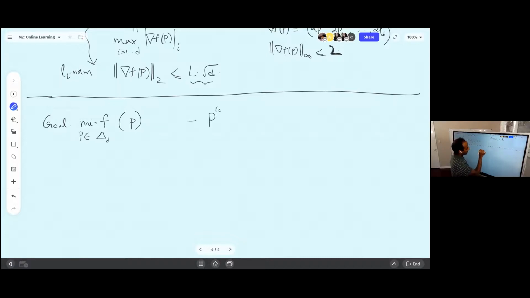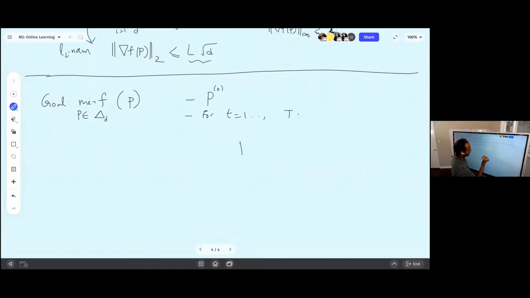So there we said, you start out with some vector, and then for each iteration t equals 1 through T, you update your current iterate as your previous iterate minus some step size times the gradient. So you take a step along the negative of the direction, right?